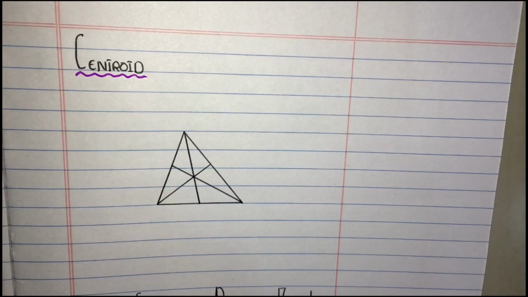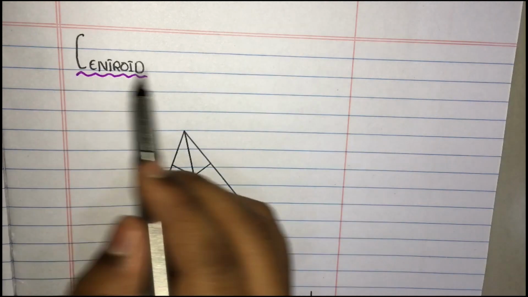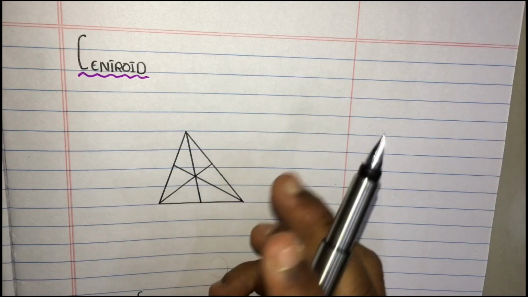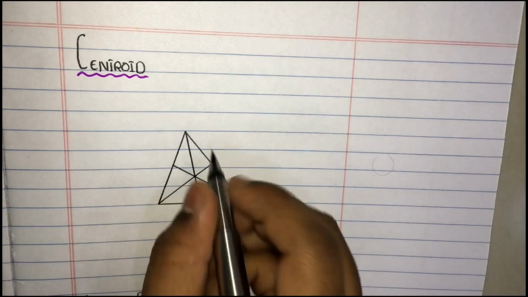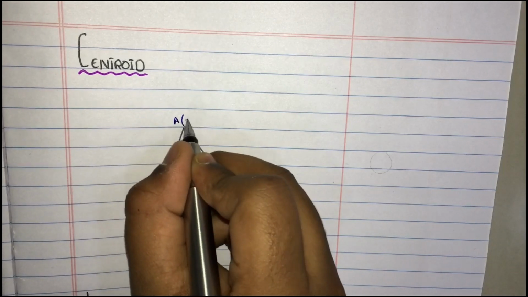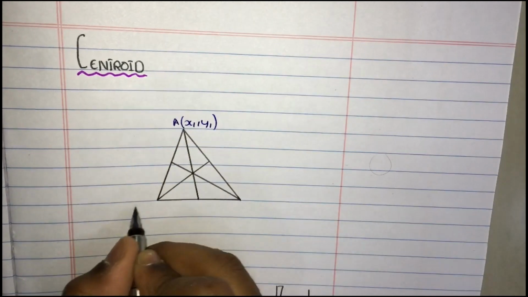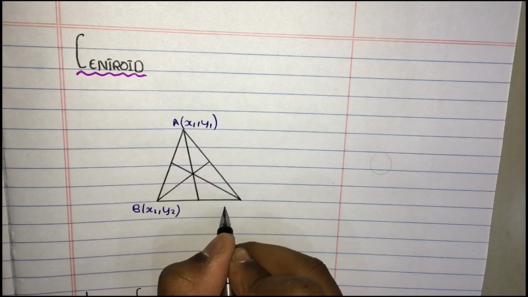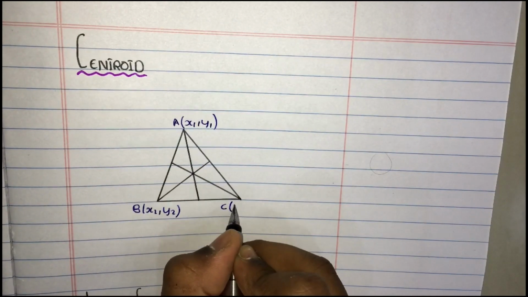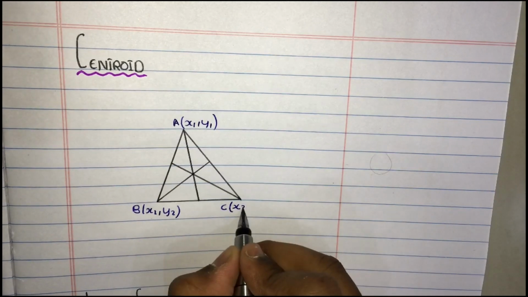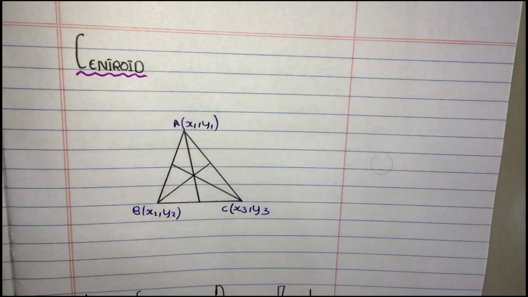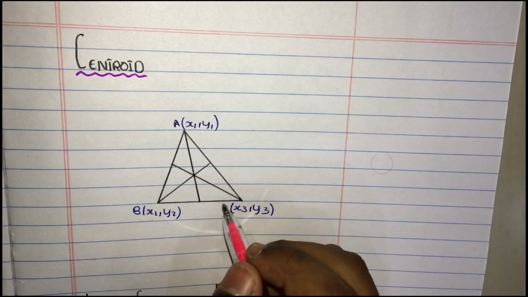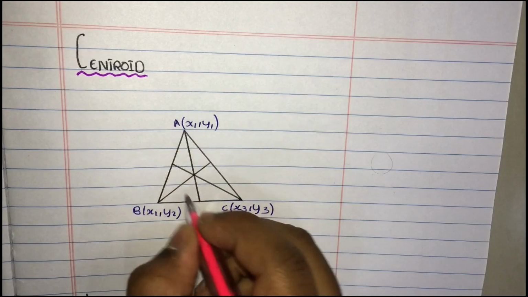So now let's see the centroid of a triangle. So centroid, what is a centroid? It is a point where all the medians of a triangle meet. So now this is a point A, x1 comma y1, point B, x2 comma y2, and point C, which is x3 comma y3. And these three are the medians of this triangle. Median 1, median 2, median 3.